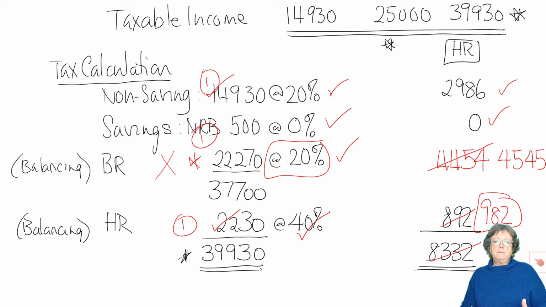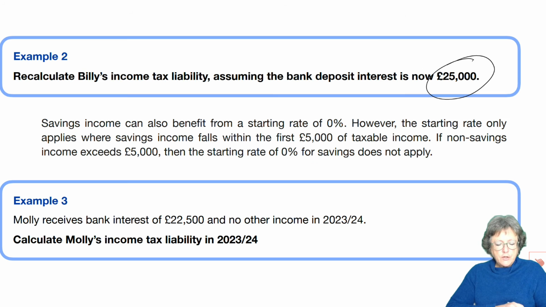Okay, so important. So here we are, we've done Billy's income tax situation with a small amount of bank deposit and a large amount of bank deposit. Now, there is also a starting rate. This is where it gets confusing. Now this is a starting rate, not a nil rate band.